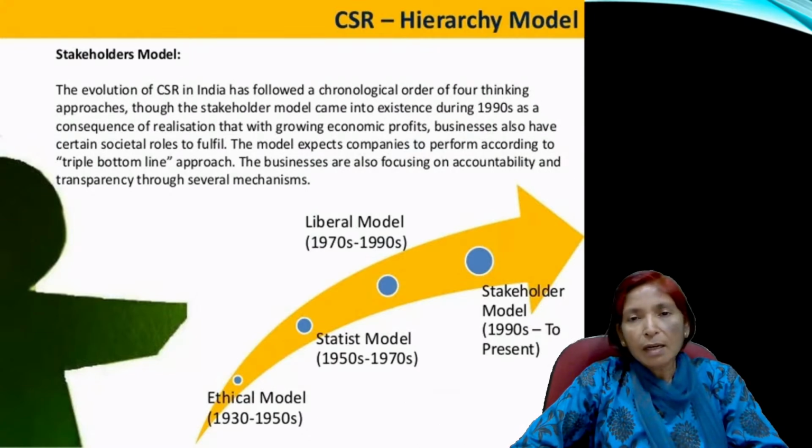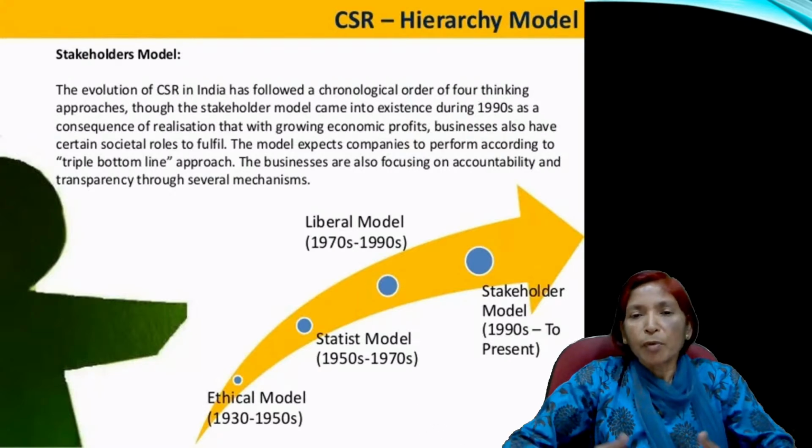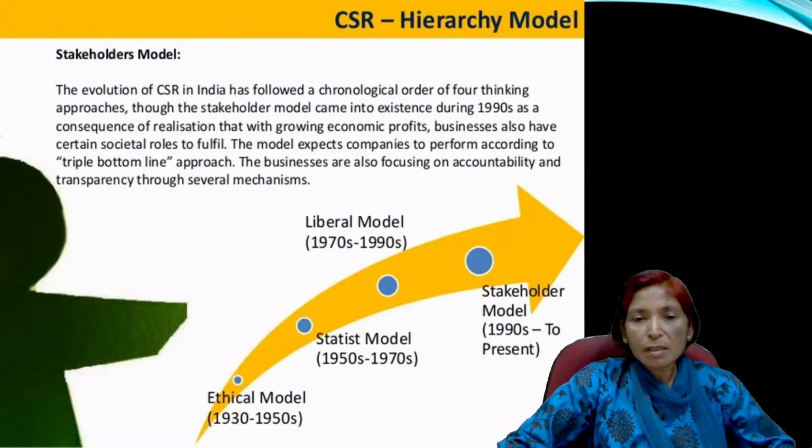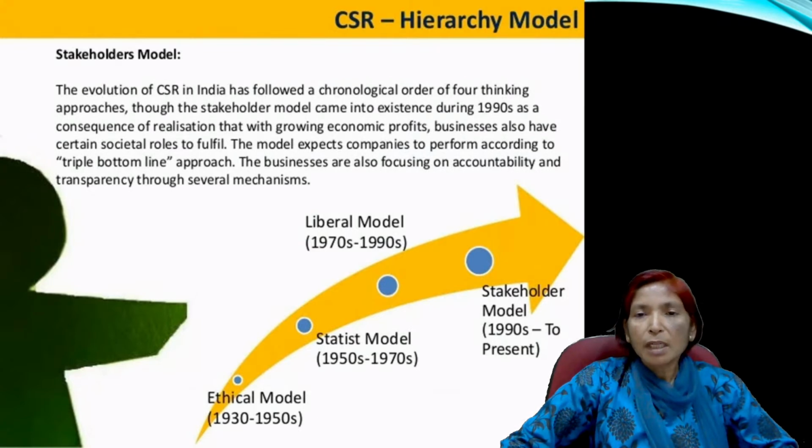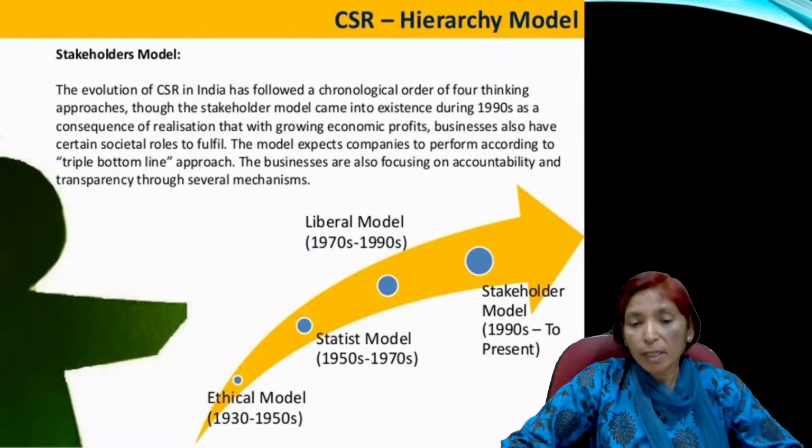Now, the CSR hierarchy model includes four thinking approaches. And what are these four thinking approaches? First of all, the ethical model was developed in the 1930s to 1950s.